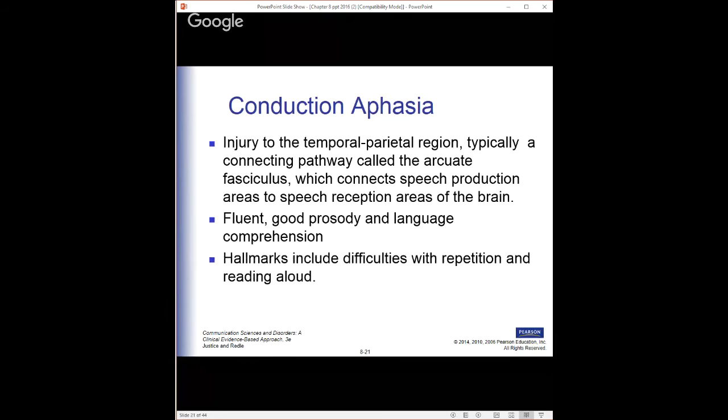The hallmarks of this type of aphasia include difficulties with repetition and reading aloud. And awareness, people are aware of difficulties with conduction aphasia. They're often frustrated. And it's often very frustrating for loved ones to watch. It's difficult for loved ones to watch anyone with any type of aphasia, but especially conduction aphasia, because the person is so aware of their difficulties and the frustration is often more profound.